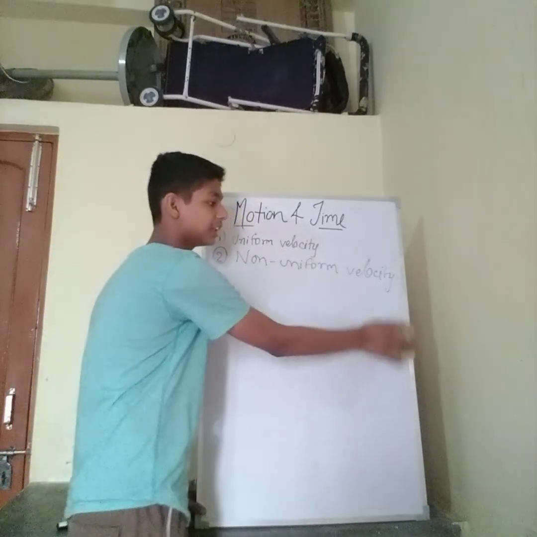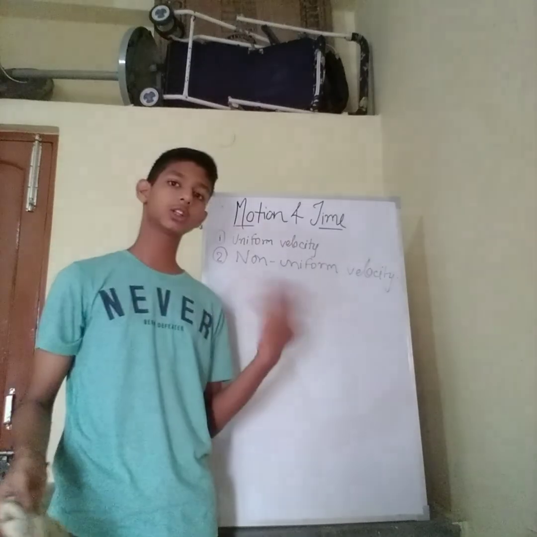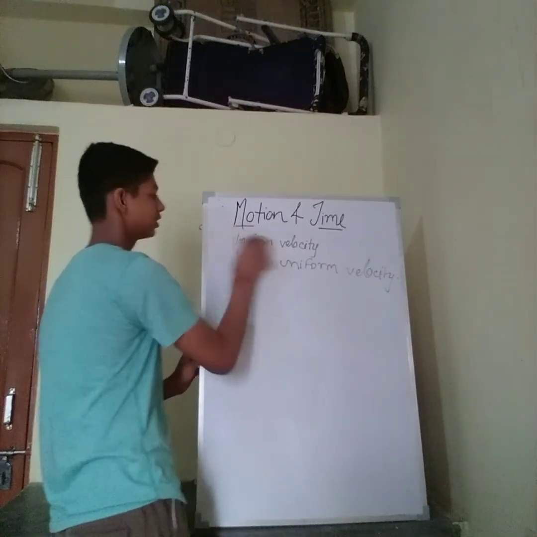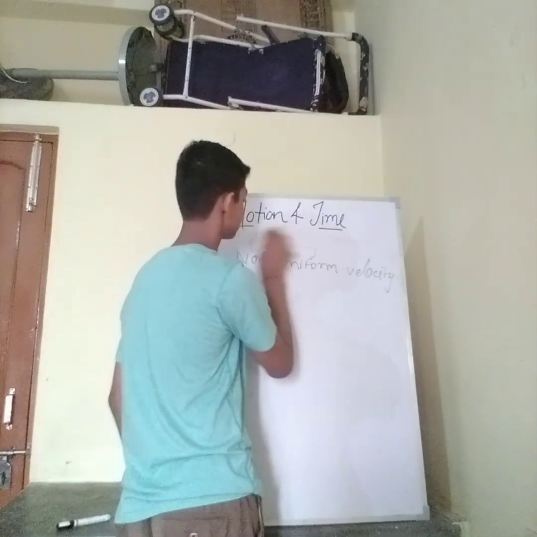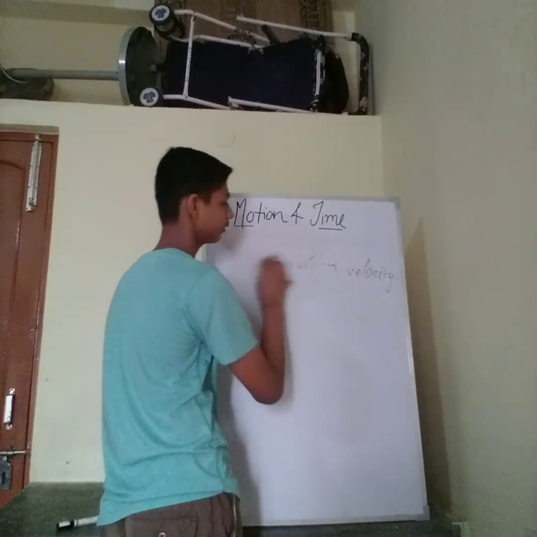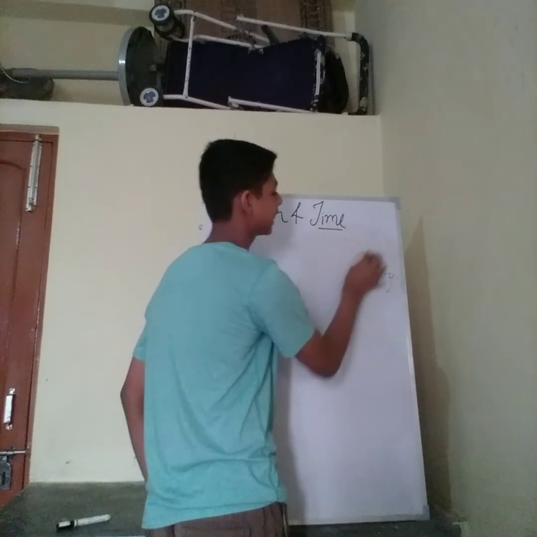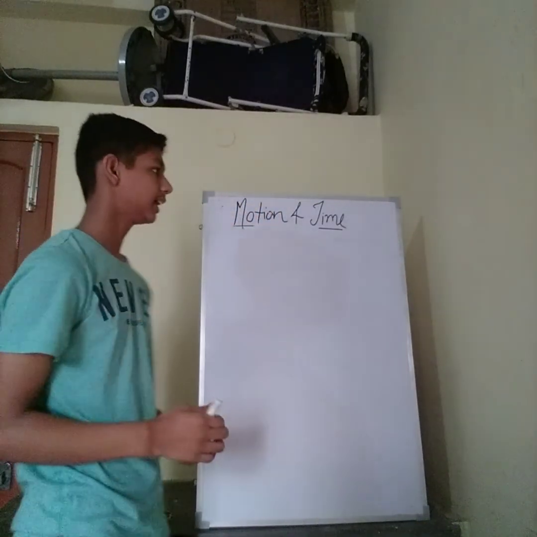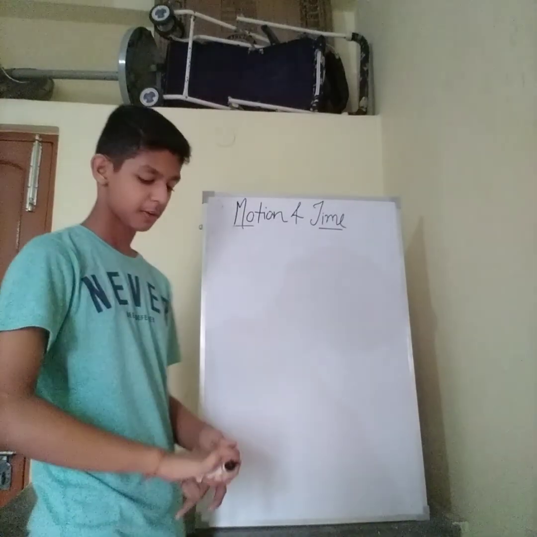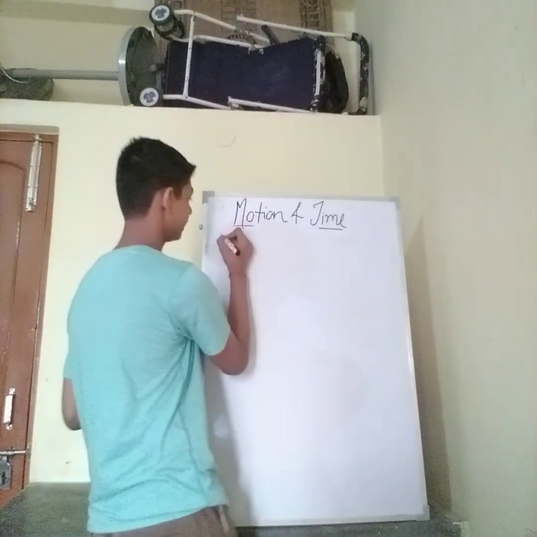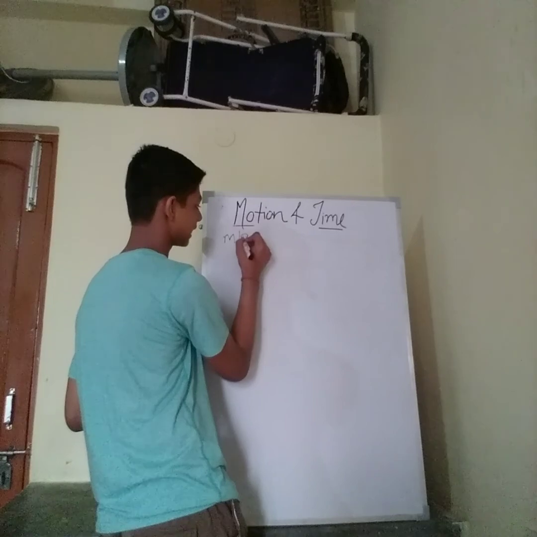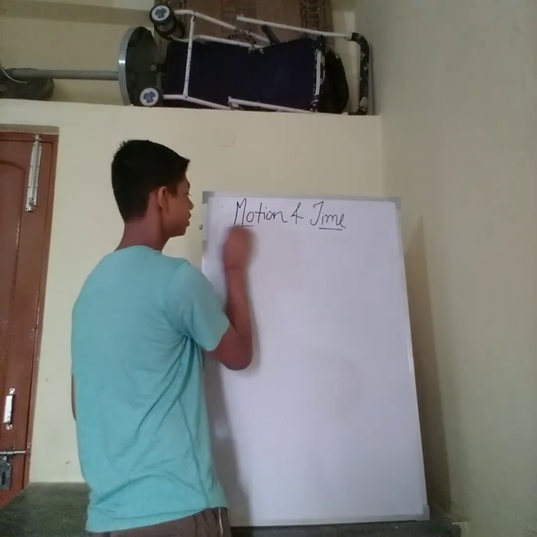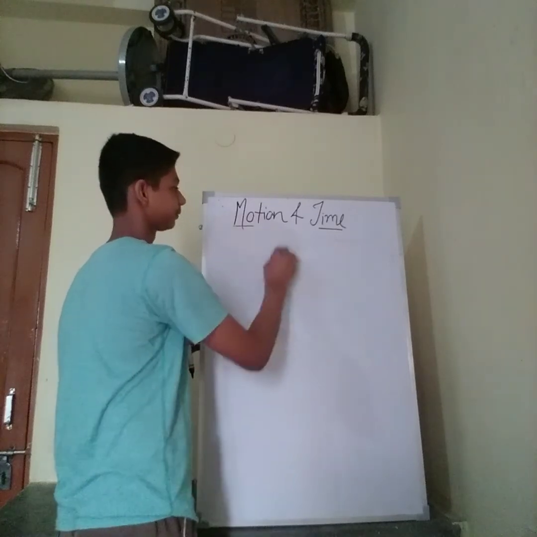And if its magnitude changes, then also velocity changes. So velocity can be changed in two cases: changing of direction and changing of magnitude. The unit of speed and velocity is meter per second. Both units are meter per second.